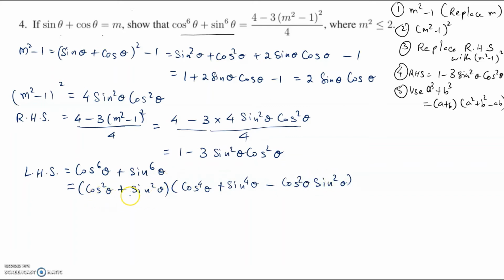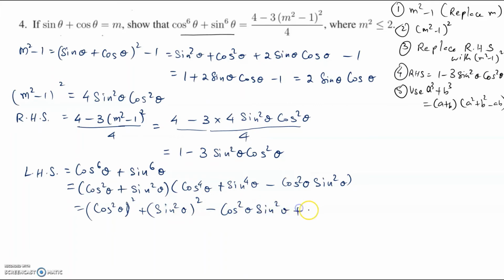So we know that this is equal to 1. Cos squared theta plus sin squared theta is equal to 1. Therefore, what we have is cos squared theta squared. If I take this cos to the power 4 as cos squared theta to the power 2 plus sin squared theta to the power 2 minus, we have cos squared theta sin squared theta.